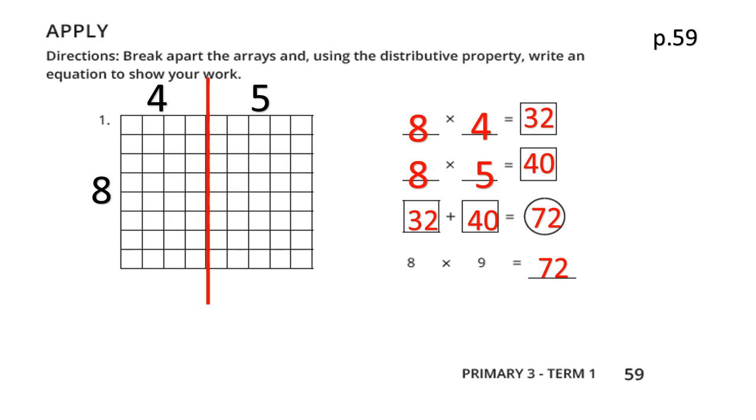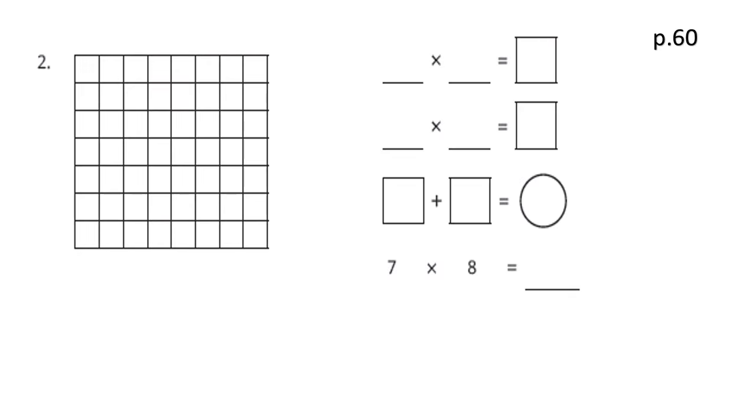Now let's move to the next example. This is page number 60. I have here also a large array, and I need to find the equation of the whole array. But this is very large, so I need to break apart this array into two smaller arrays.